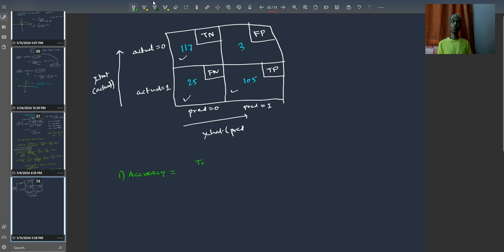So, total correct predictions divided by total number of data points, which means total correct predictions means true negative and true positive. So TP plus TN, and total data points means all these four boxes taken together. So TP plus TN plus FP plus FN.